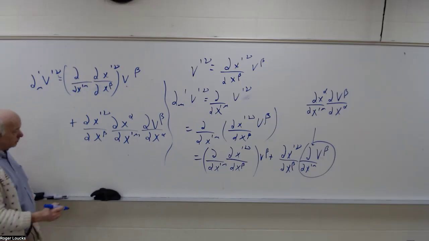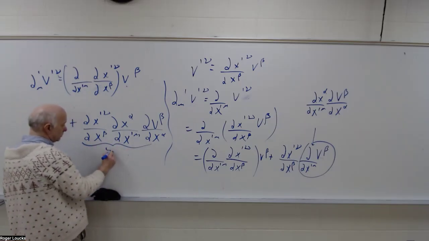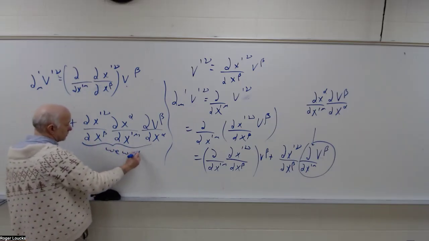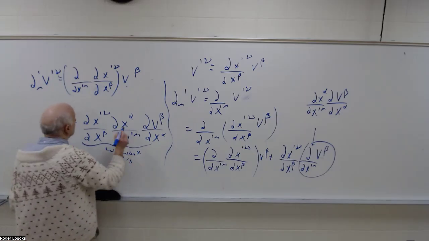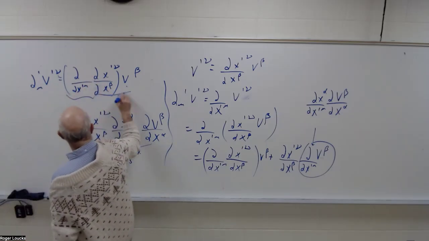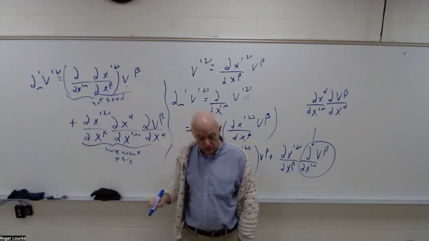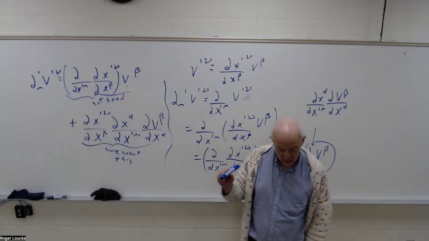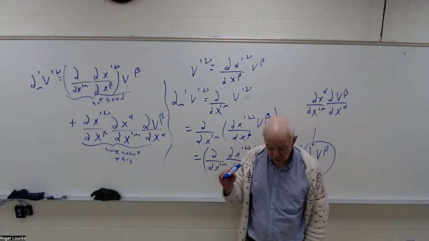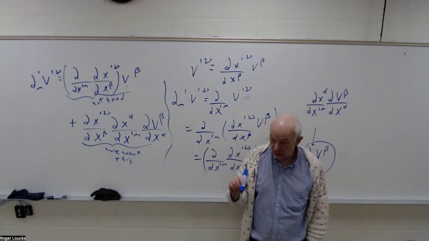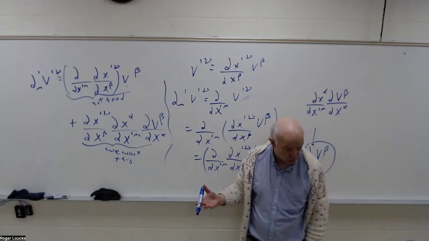So this part is good. This is good. So we want this. It is not. So the derivative of a contravariant vector does not transform as you'd like.